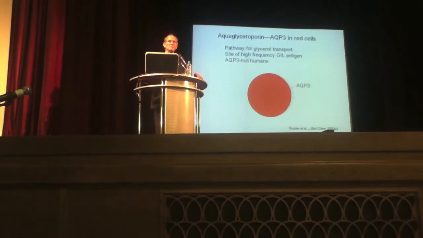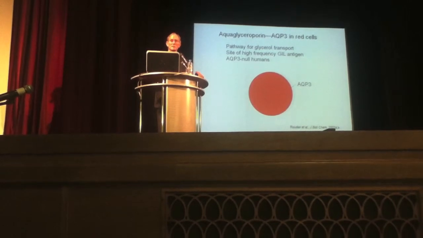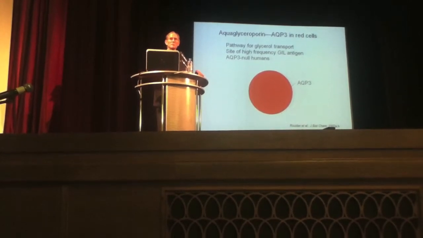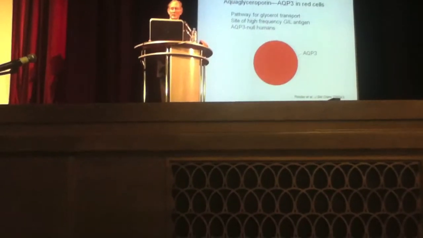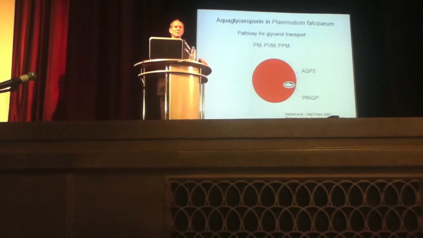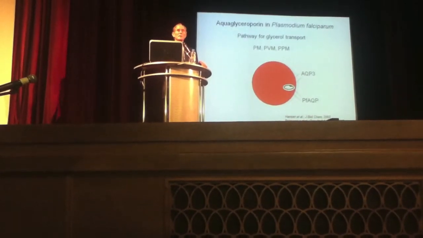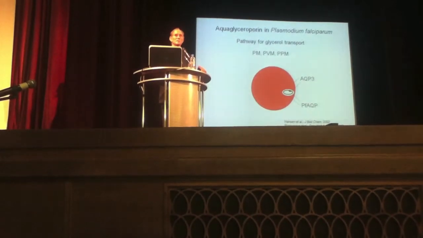And that's our object. Turns out that aquaglyceroporin is also present in red blood cells, conferring glycerol transport, which turns out to be very important during the clinical manifestations of malaria. And I now work as a director of the Malaria Research Institute. I spend a third of my year in sub-Saharan Africa. Malaria is my major focus.